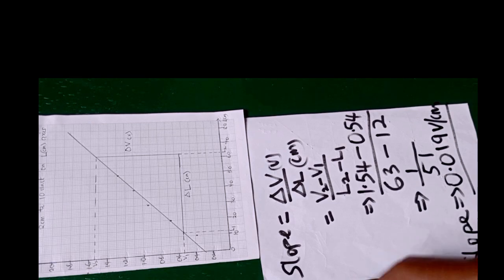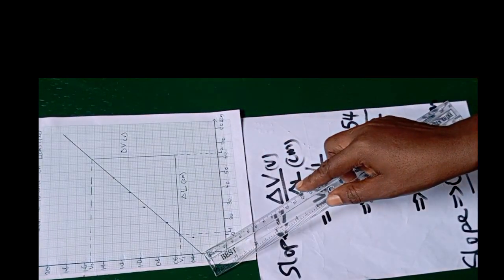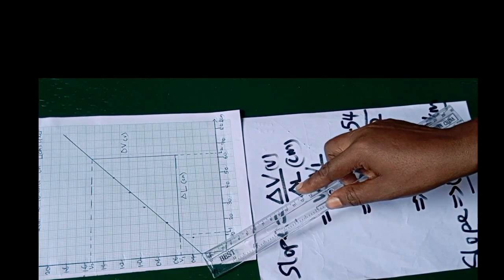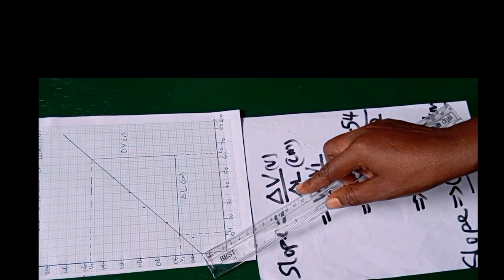So guys, this is the slope of the graph. If you are asked to find the intercept, that means where this line of best fit touches the vertical axis. You just note the point and write the value.